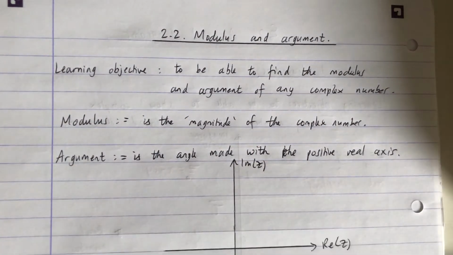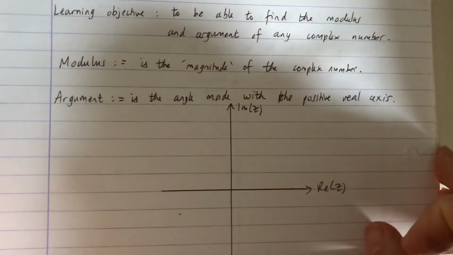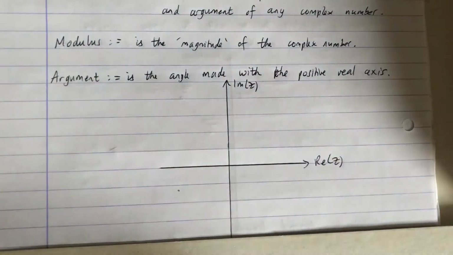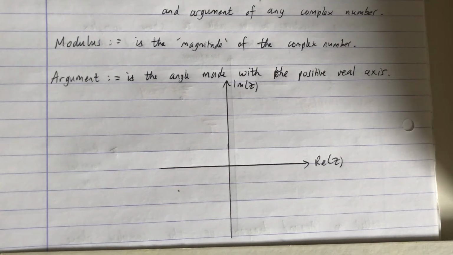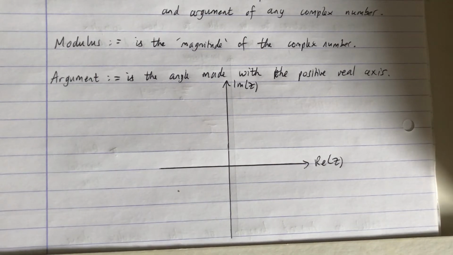So let's see what this means geometrically speaking. Imagine you've got your Argand diagram or your complex plane, whichever way you want to describe it. The real axis is effectively the x-axis and the imaginary axis is effectively the y-axis.